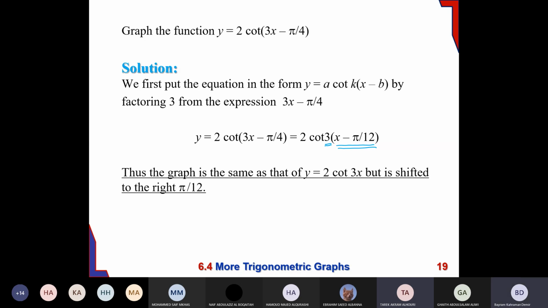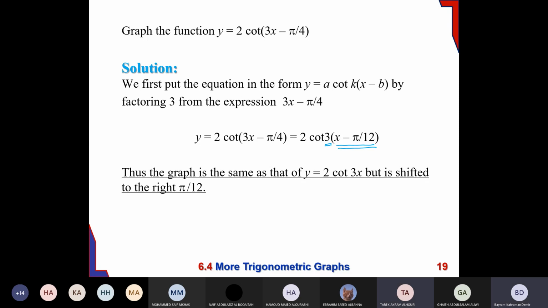Doctor? Yeah. I have a question. In math 001, we took that the horizontal shrinking must be with the x, like f of ax. So why, when we have to make the graph of cotangent and tangent or any trigonometric function, must we take the 3 as a common factor?